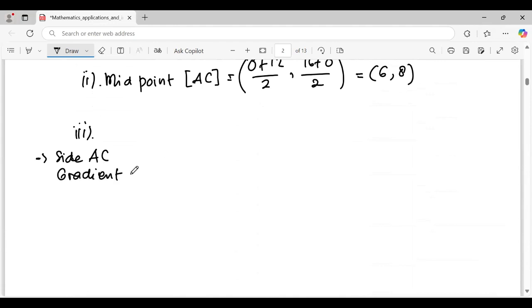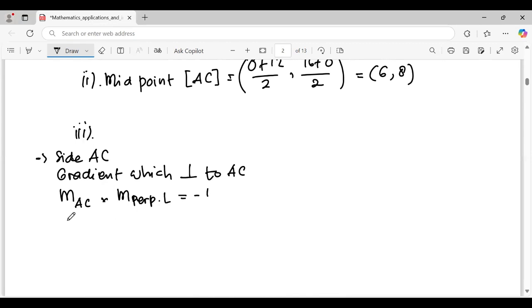So the gradient of AC multiplied by the gradient of a perpendicular line equals minus 1.